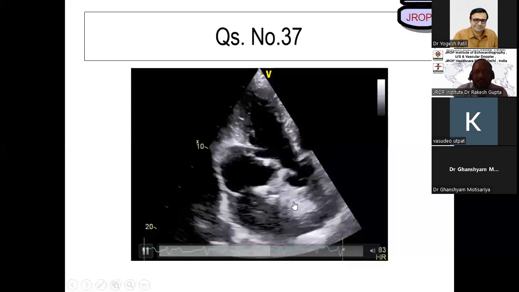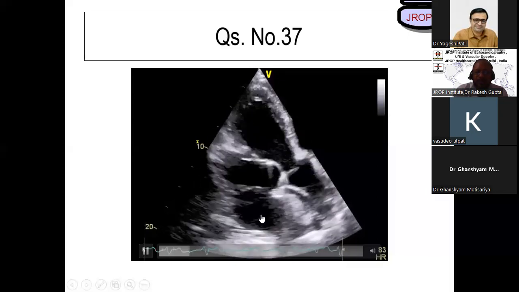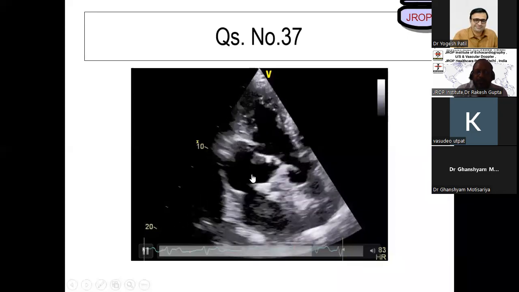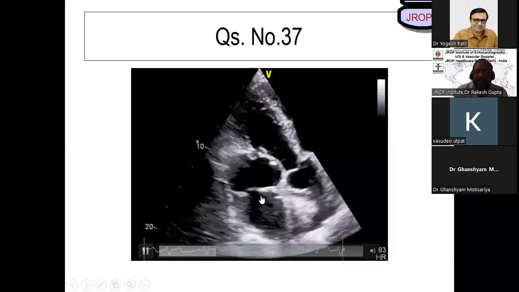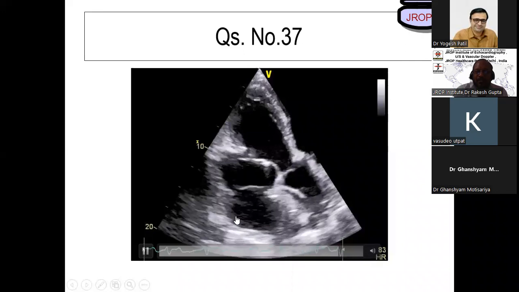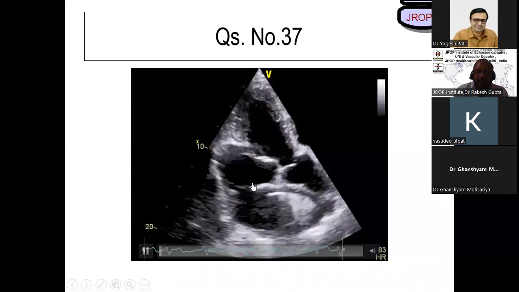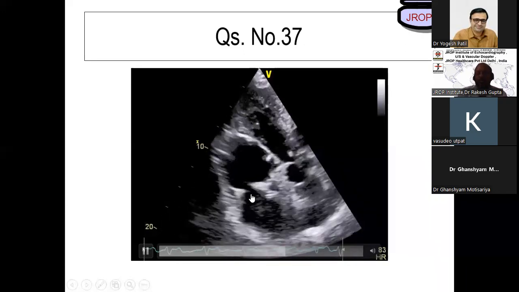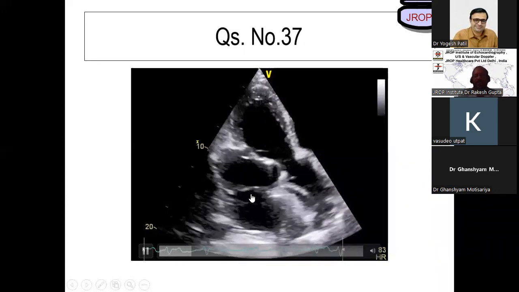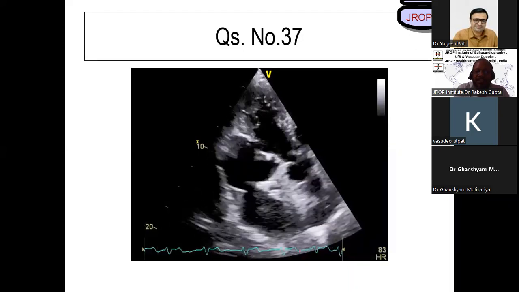And what to do now is a very simple thing. We'll take a catheter inside, and as we do a balloon valvotomy, we'll open up this membrane. Now the problem is how to open this membrane, because when we take a balloon from the right side to the left side, there's a device already sitting inside.